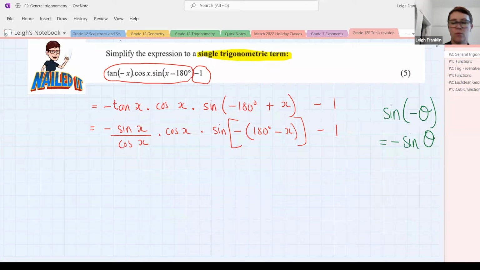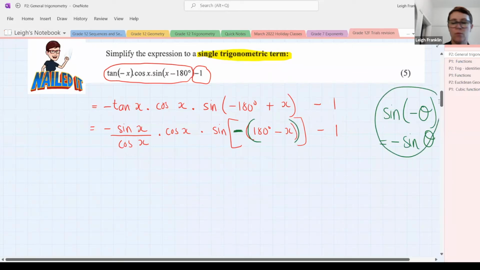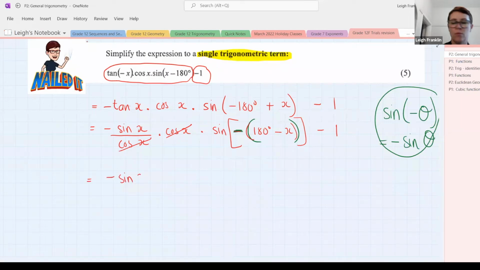So here you can see we've got minus sine of this angle over here. It doesn't matter that it's a binomial, and we can reduce it like this. So in other words, what we've now got here, Matrix, is minus sine x times minus sine 180 minus x, minus 1.